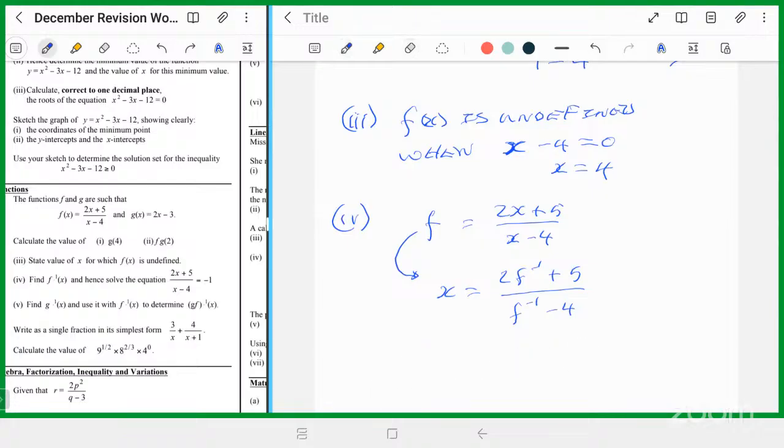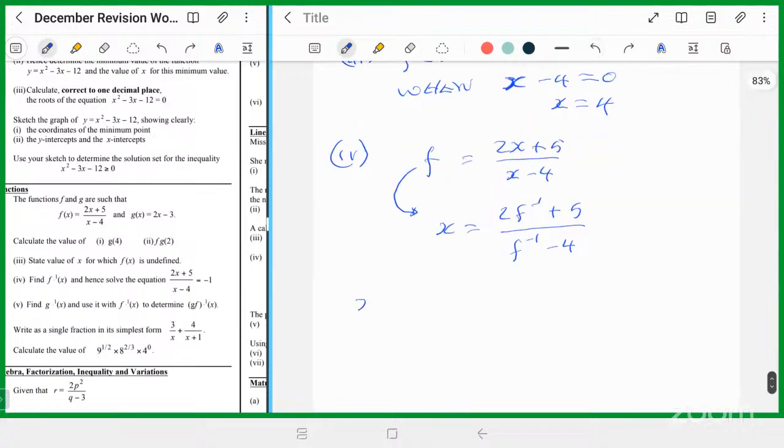Alright, so let's go. The first step always is to take this denominator and multiply it across by the x. So it's going to be x times this and then x times the negative 4. So what we're getting is x times f to the minus 1 and minus 4 times x.